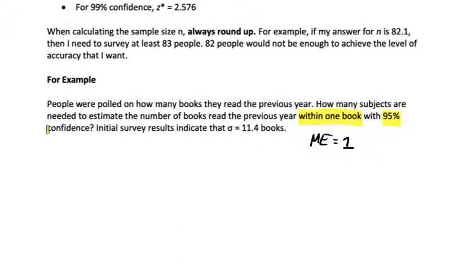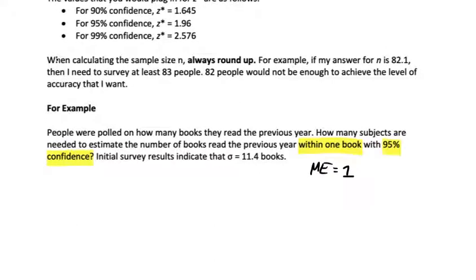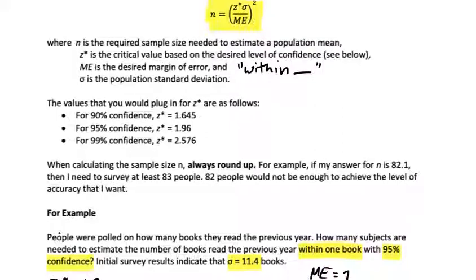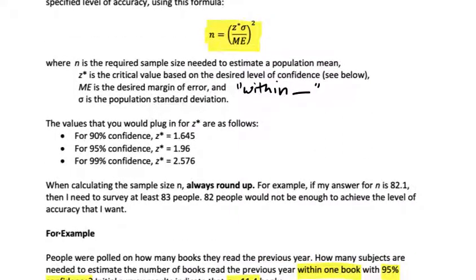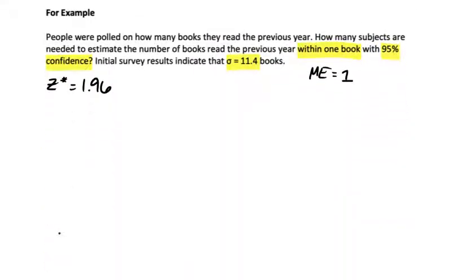So I need to look at my list of z star values. 95% confidence means that z star equals 1.96. And I have my value of sigma, 11.4. So I'm going to plug these three numbers into the formula up here. z star times sigma divided by ME, squared.